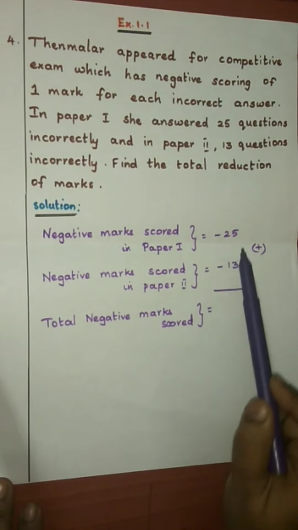Now let us find the total score of team B. Minus 20 plus 0 plus 30. Minus 20 plus 0 is minus 20. Minus 20 plus 30 is plus 10.